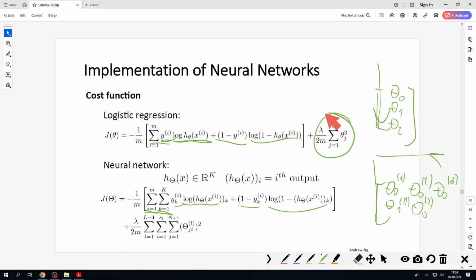However, in the regularization part, you will actually have to consider layers too. So you calculate regularization for all of the layers at once. So this is for theta, I believe, row. This is for theta column.